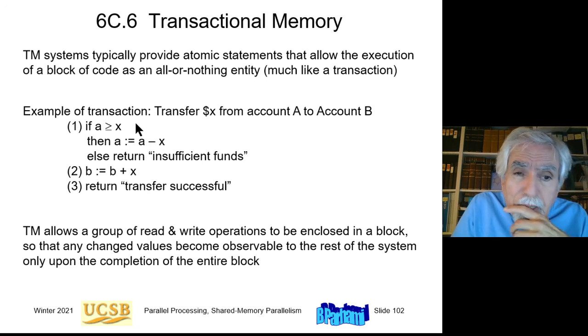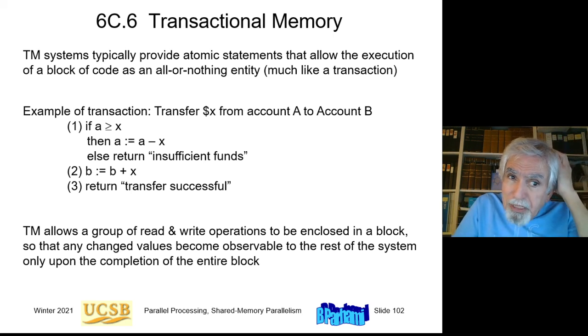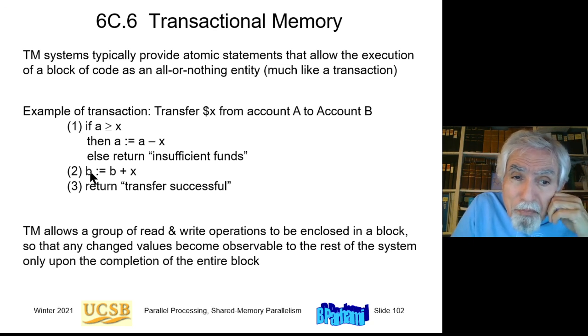If these are instructions or statements that happen sequentially, there's a chance that A is updated while B is not yet updated. Some other processor that accesses A and B may get an inconsistent picture where A has already been reduced and B has its own value. So from the point of view of that other processor, the transfer has not been done.